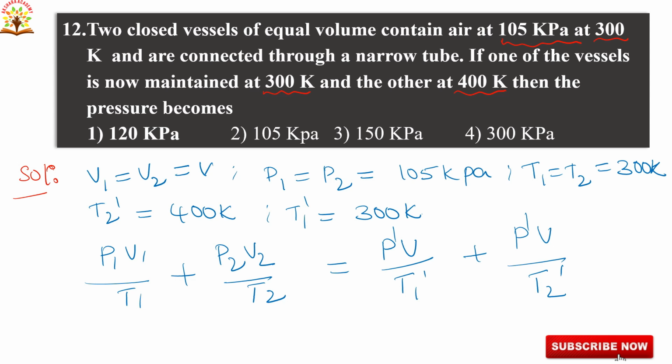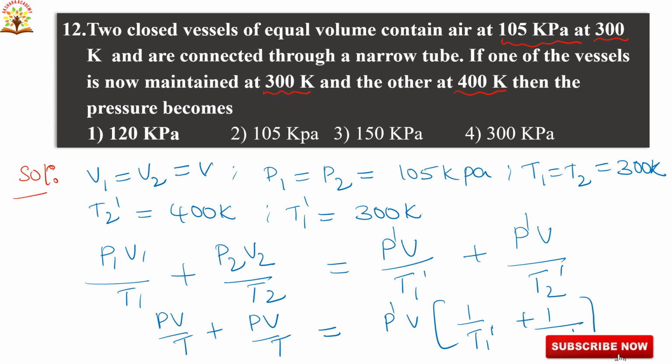Now we can write this as, here they gave equal volumes and equal pressures, V1 and V2 are equal to V, and P1 and P2 are also equal to P. So substituting the values, we get PV by T plus PV by T equal to P dash V. Here V is common, we can take V as common, then we get 1 by T1 dash plus 1 by T2 dash.